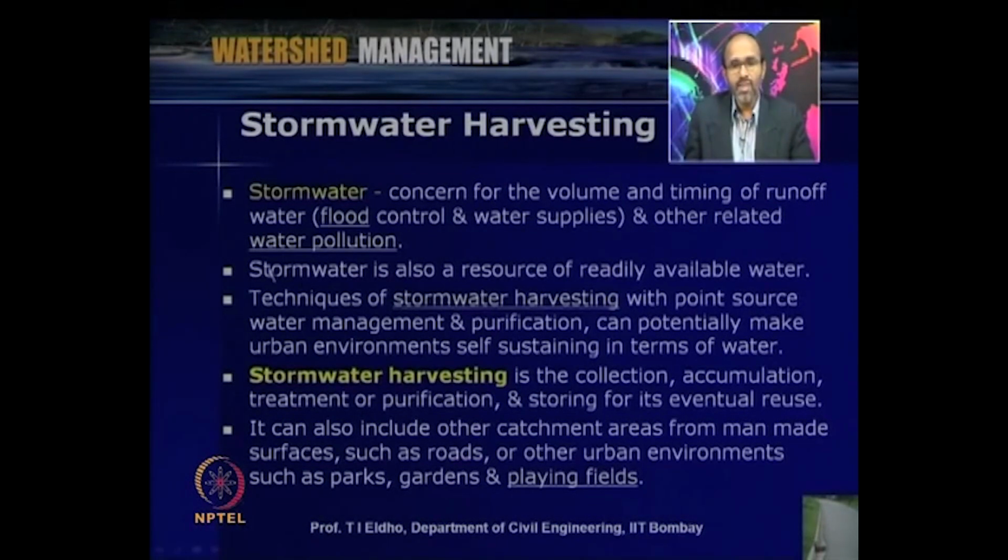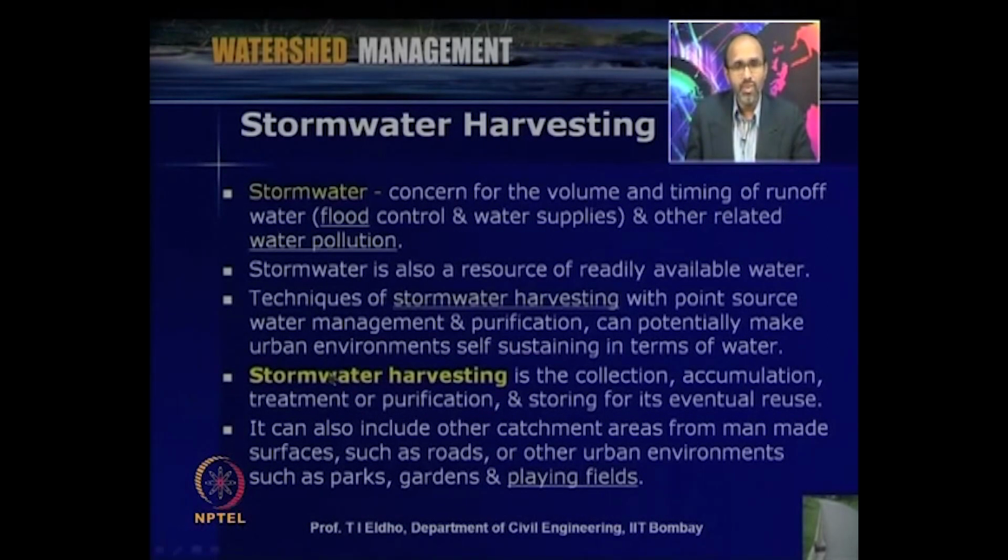Stormwater harvesting is the collection, accumulation, treatment or purification, and storing for eventual reuse. Storing can be either direct storage, like in a pond or in tanks, or we can recharge it to the groundwater systems.